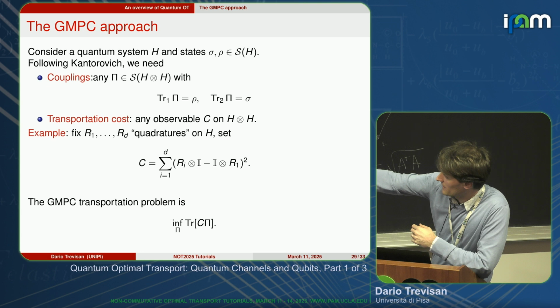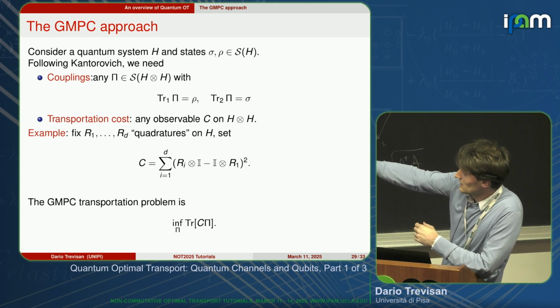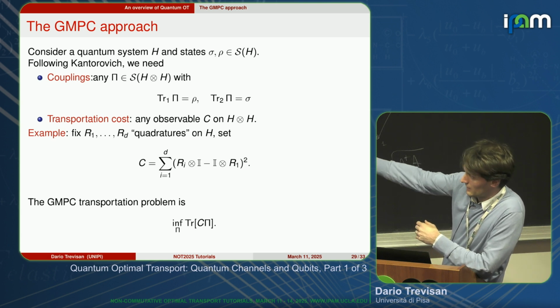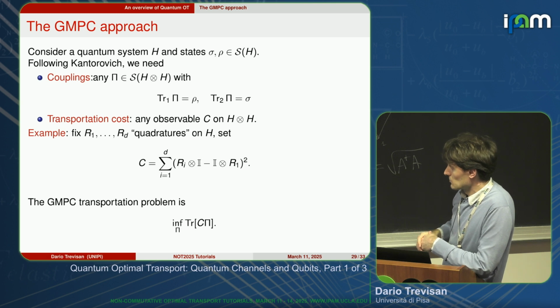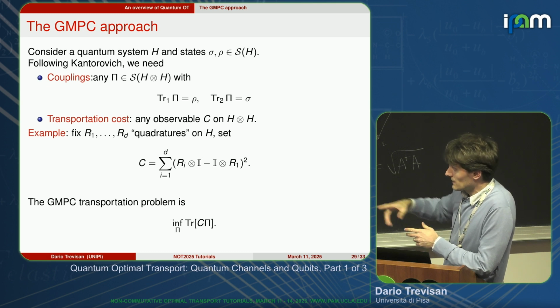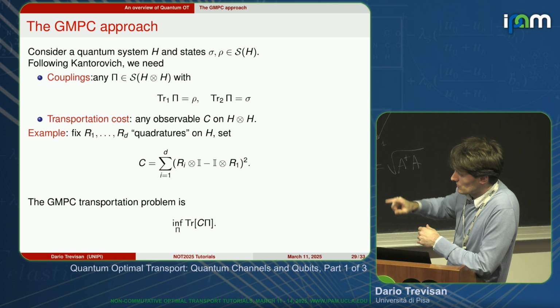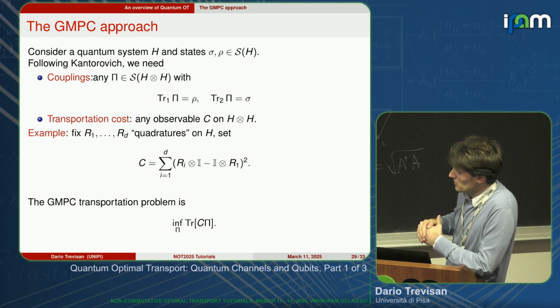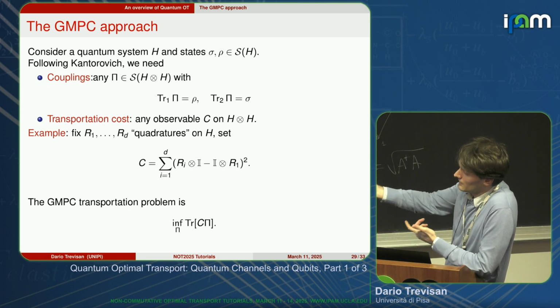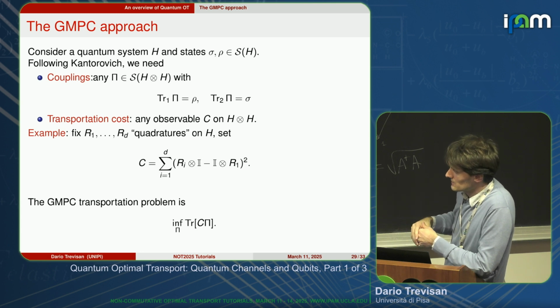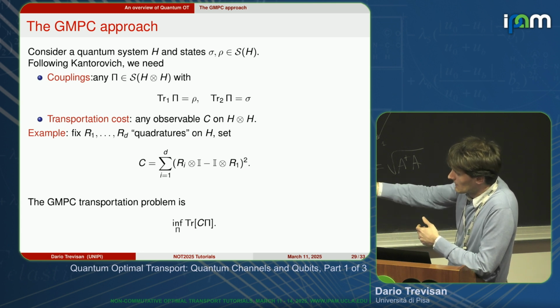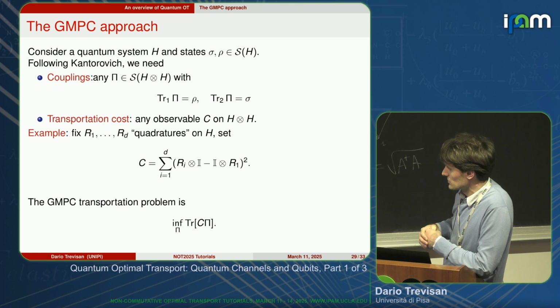Sorry, this is R_i tensor identity minus identity tensor R_i, not R_1, of course, squared. And finally, the definition, which is quite natural, is you just minimize over all the possible couplings the integral of the cost over pi, which is replaced by the trace of C pi.